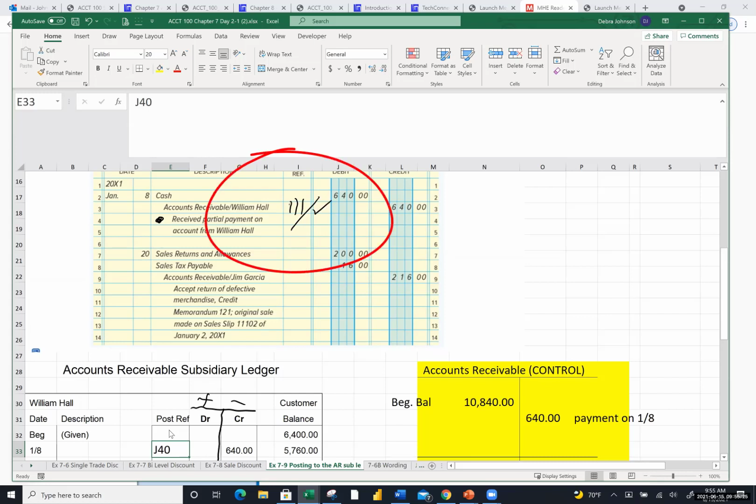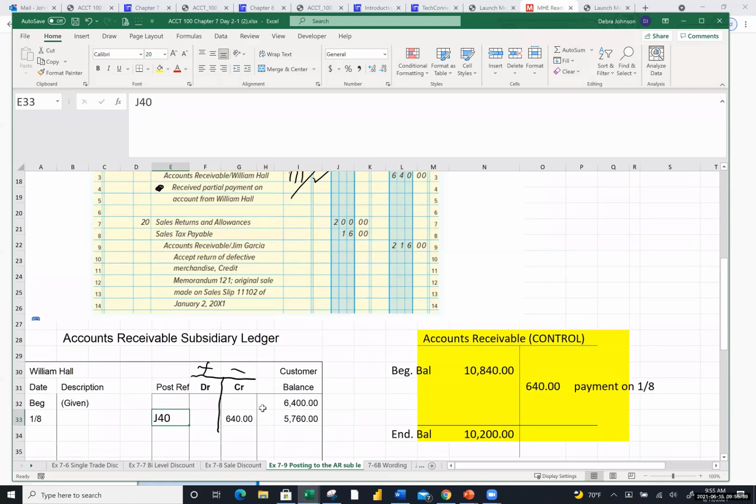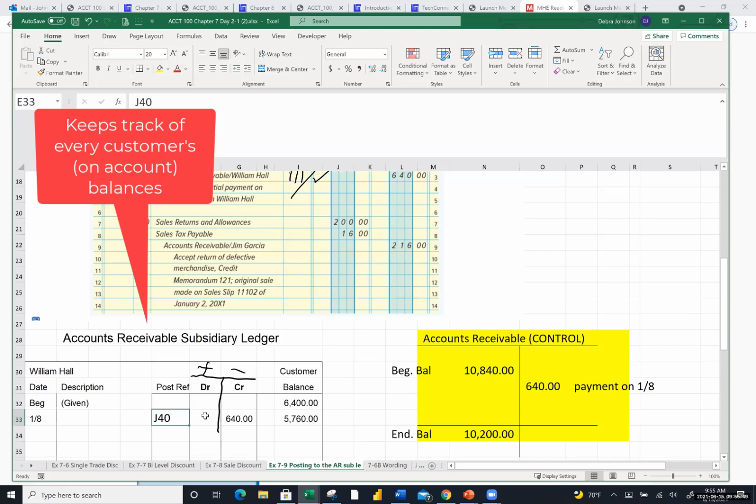Okay, so this has been posted 2 places. Anything that touches AR now will be posted 2 places. To the accounts receivable controlling account, like we've always done. The new part is to an updated subsidiary ledger. The purpose of the subsidiary ledger is to keep track of all the individual balances that our customer owes us for 2 reasons.